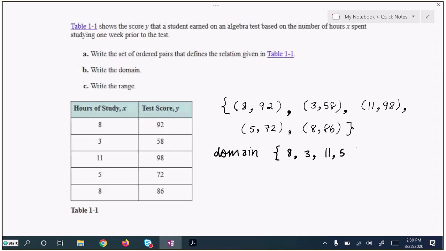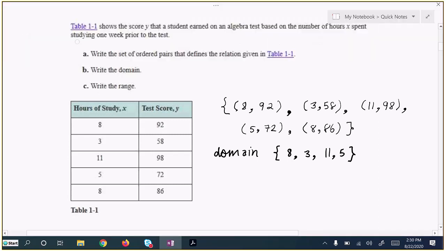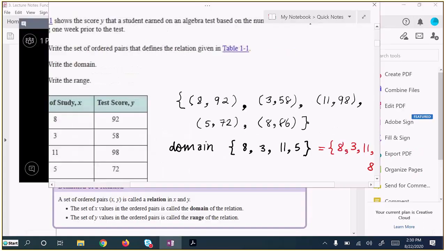If the element is already contained in the set, then I don't need to write it again. So the domain is just going to be {8, 3, 11, 5}. In fact, if I were to write the extra 8, this would still be the same set: {8, 3, 11, 5, 8}. I don't need to write that 8 twice.